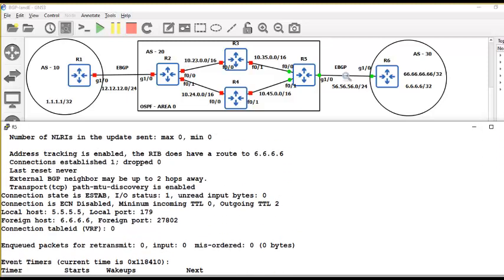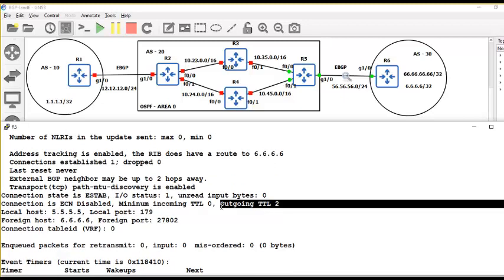For IBGP, the outgoing TTL will be 255. That means the neighbor need not be directly connected. So you no need to use that multi-hop command for IBGP. Yes, Murli, please question me if you don't understand. If you understand, please tell me you understood.